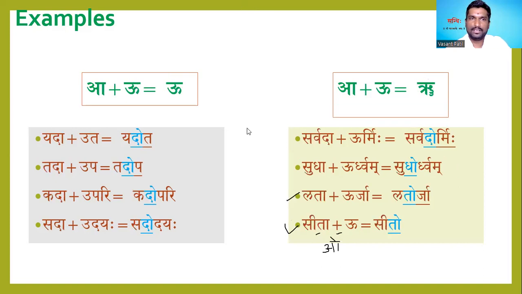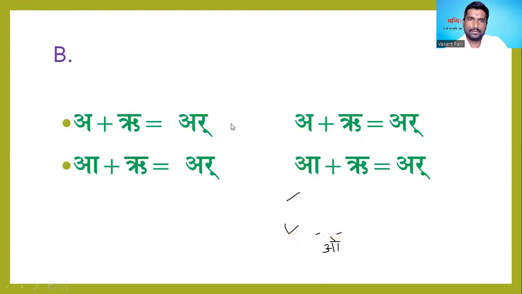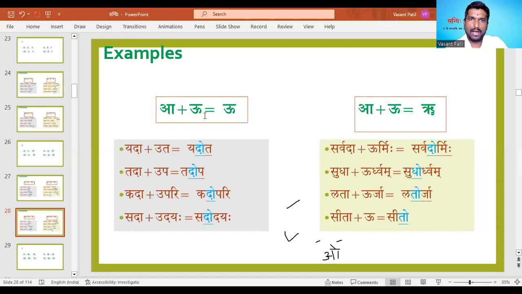Okay, next is ā plus u, ā plus u will also become o. There is a correction. In the previous slide, a plus ū was there. In this slide, ā plus u is there. So, come on. Okay, a plus u will become o.